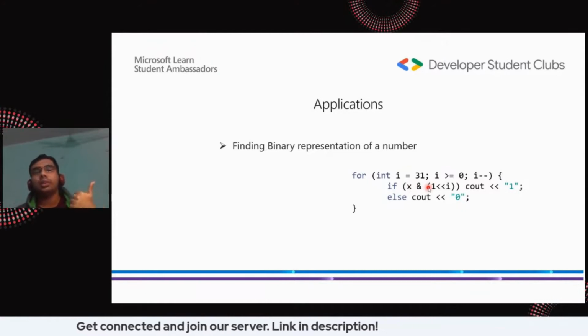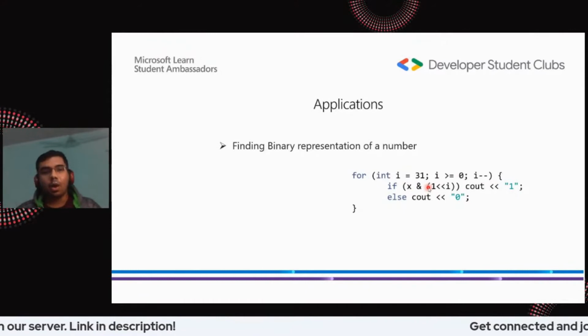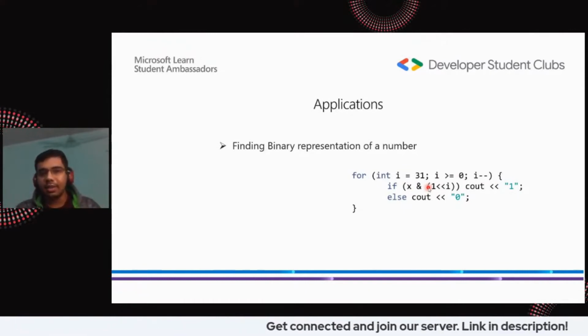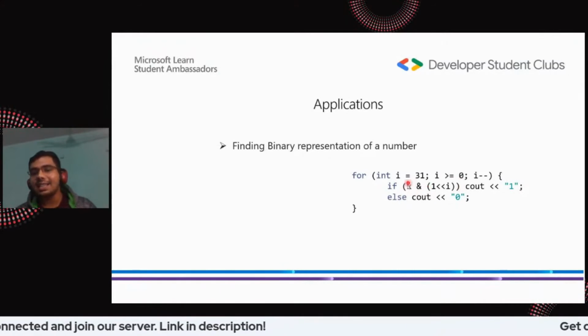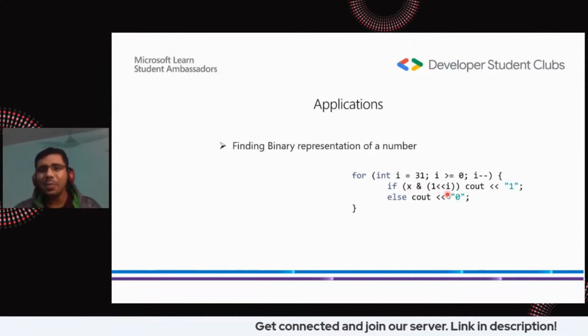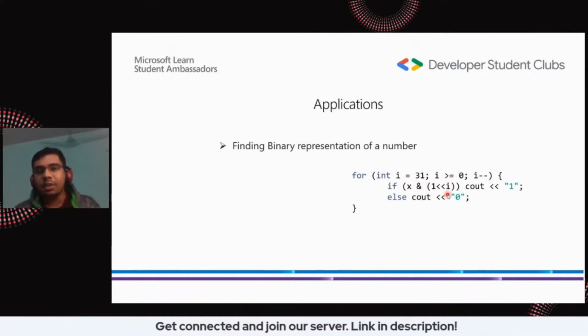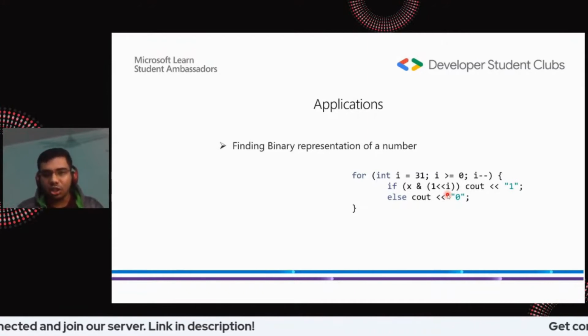If you need to get a particular bit, like the get bit operation that we do a number of times in bit manipulation, this formula helps you get the exact bit you have in that number, right, at the particular position.